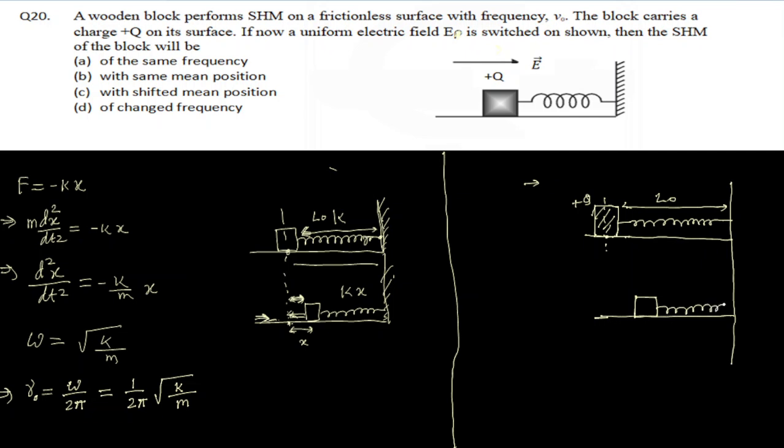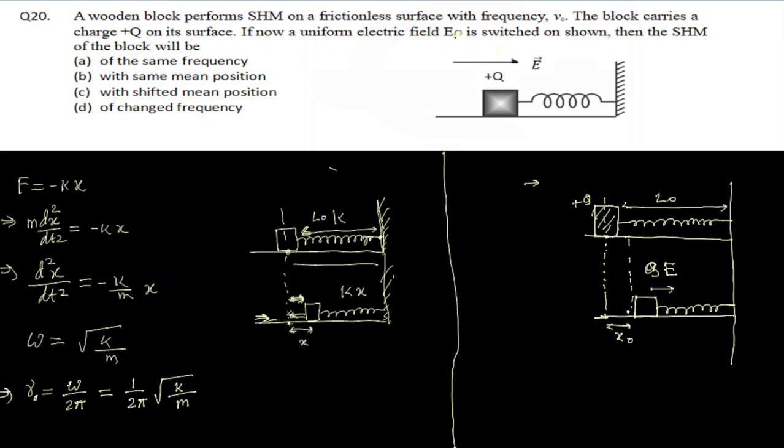One force, because of the external electric field, acts towards the right, and this force is Q into E. Now because of this force, the spring gets compressed, and let's say if this distance is x0, the initial position was here and now the block is here.